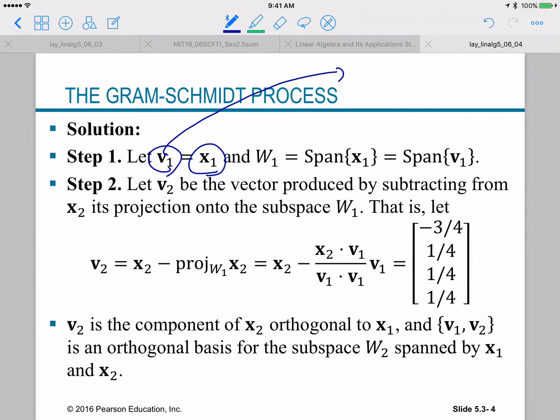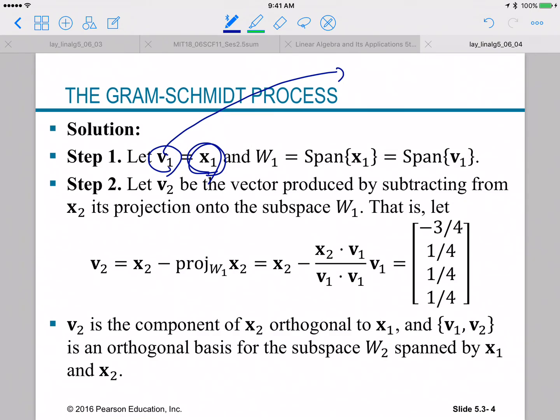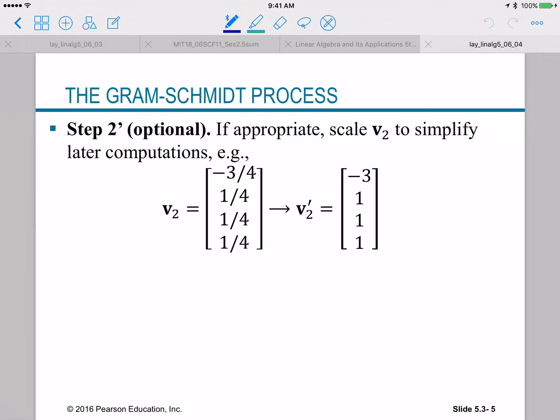In this case, we have to normalize this x1, so this should be multiplied by 1/2, 1/2, 1/2, 1/2. So in this case, the length will become 1, and this will become u1. From now we move on to x2, and subtract this orthogonal projection, right? The formula for the orthogonal projection is this. So we obtain this, and then it is normalized so that the length becomes 1.